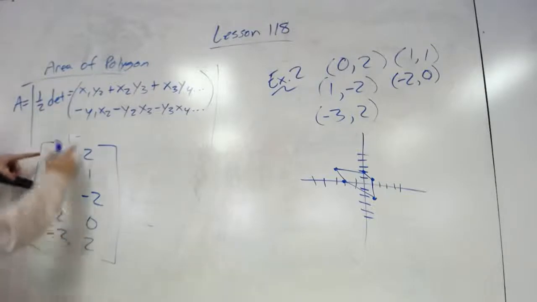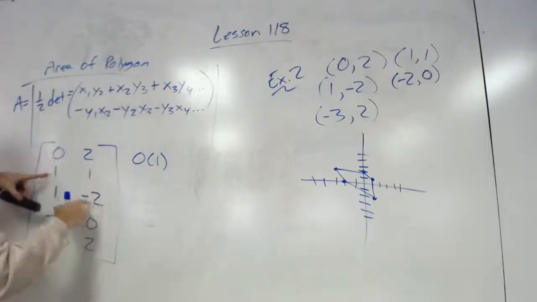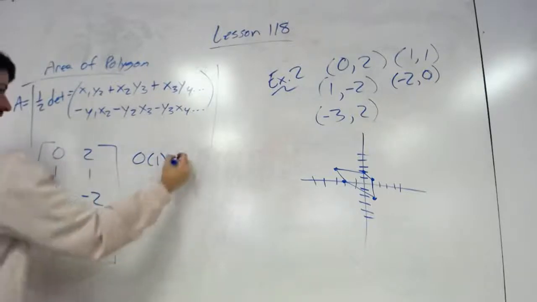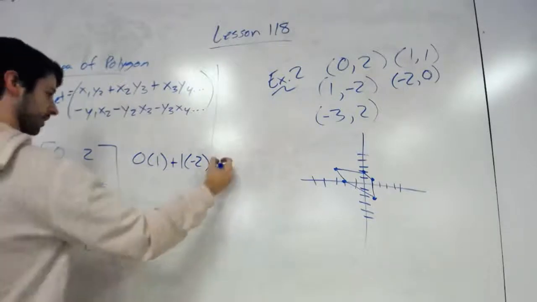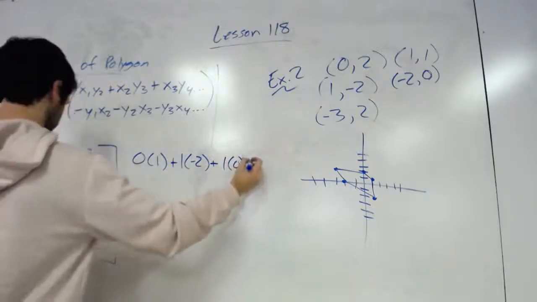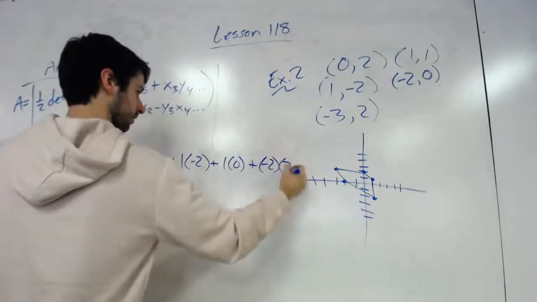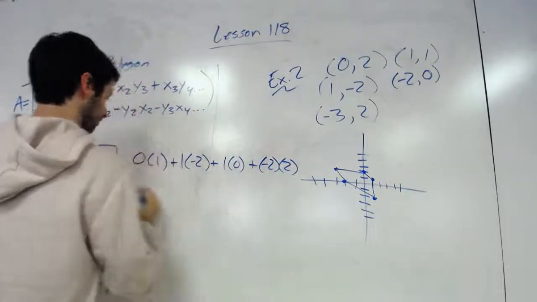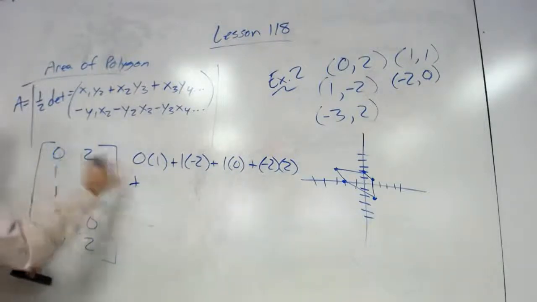You're going to take x of 1 times y of 2, x of 2 times y of 3, x of 3 times y of 4, x of 4, and then I run out of room, plus x of 5 back to the y of 1.